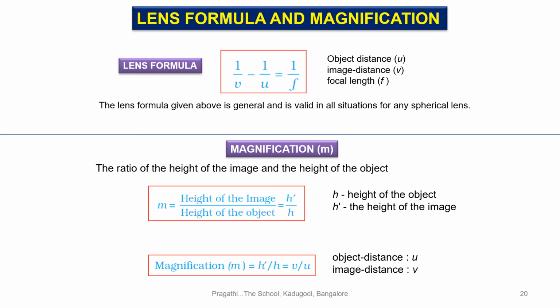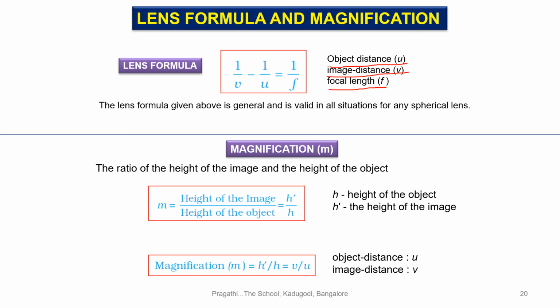We know already what is u. u is nothing but object distance. What is v? v is image distance. What is small f? It is focal length. Okay, it holds good for both convex lens and concave lens.